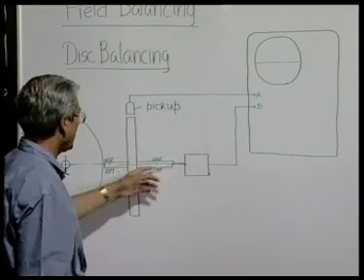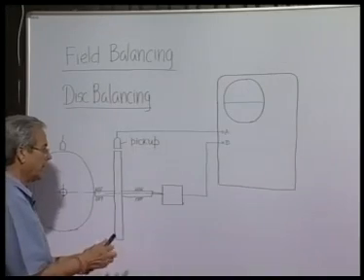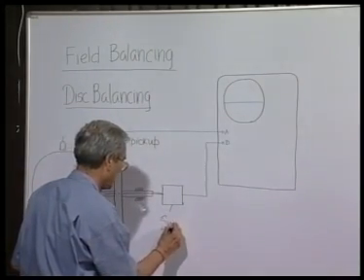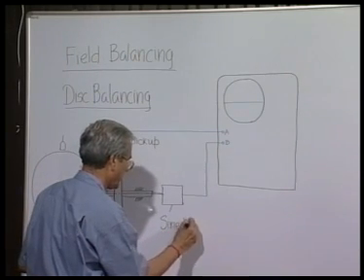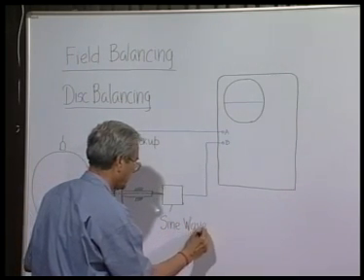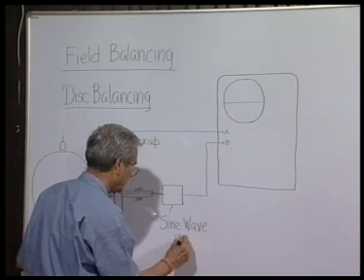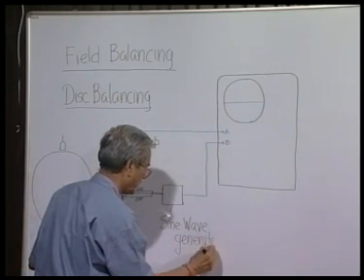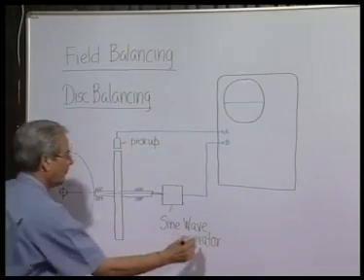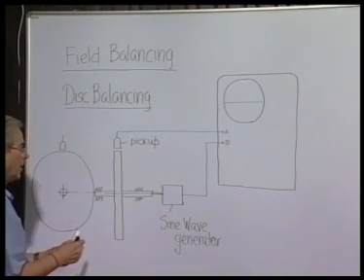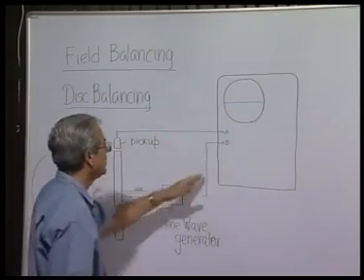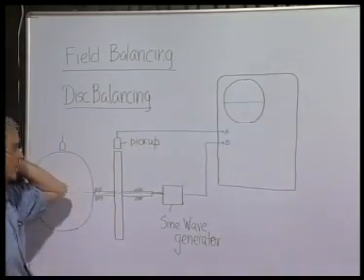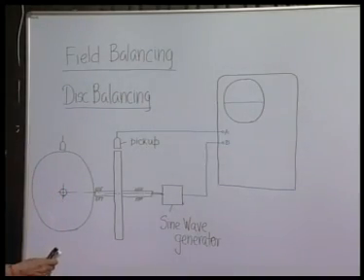Its main job is to measure the vibration signal. Then this shaft is also connected to a device which we call a sine wave generator. Now, when this signal and this signal are taken to a double beam oscilloscope, what will we get?